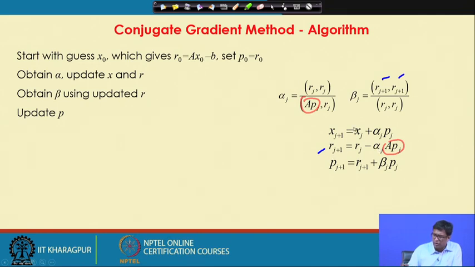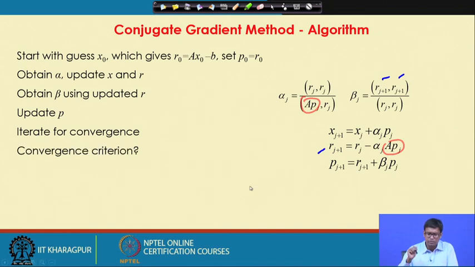Once you have found r_1, r_1 dot r_1 divided by r_0 dot r_0 gives you beta_0. p_1 is equal to r_1 plus beta_0 p_0, so you update p, and then go to j equal to 2, 3, 4 up to m, updating p and iterating for convergence.